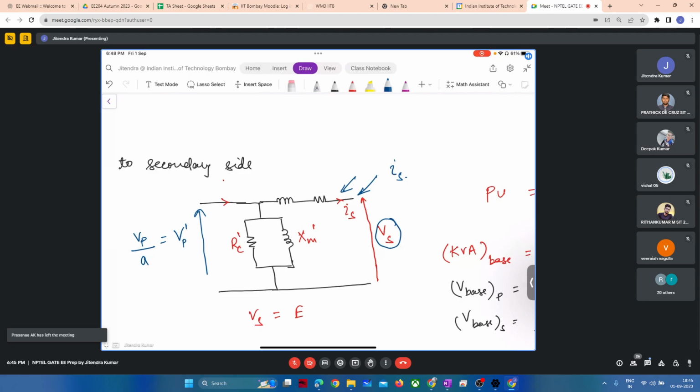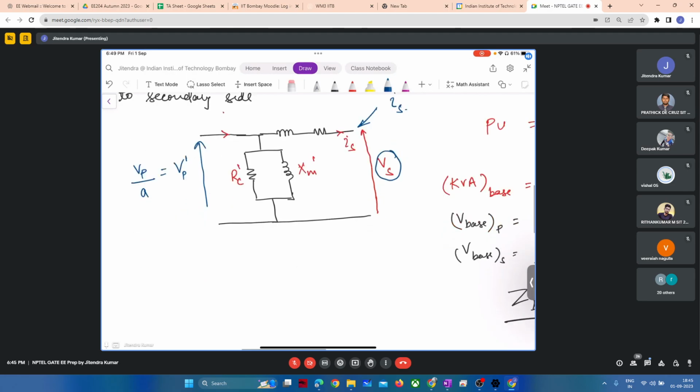This is a very standard problem which is asked in GATE based on voltage regulation. So what should be your approach to solve this kind of problem? First, you consider a voltage as reference, and not just any voltage, because you want to save time in the exam. You have to consider the most convenient parameter as your reference.